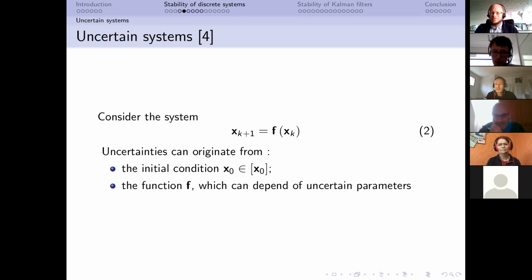I guess you use the extended Kalman filter equation as a dynamic system. But at the end, that's only that. You don't say it's a Kalman filter. It is some equation coming from the way we write a Kalman filter, something like this, no?